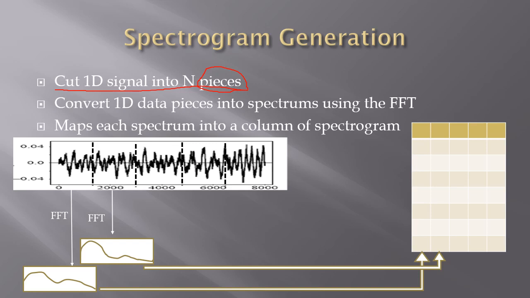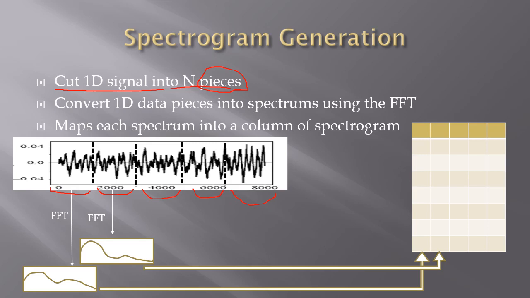In our previous example, our signal was divided into 10 blocks, 10 frames. In this example, our signal is divided into only 5 frames: one block, one frame, 2, 3, 4, 5.